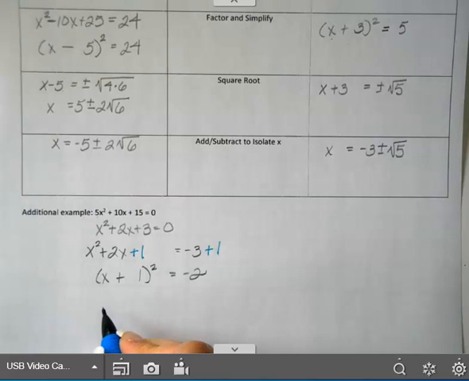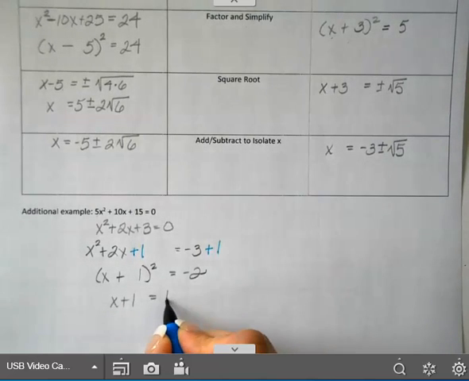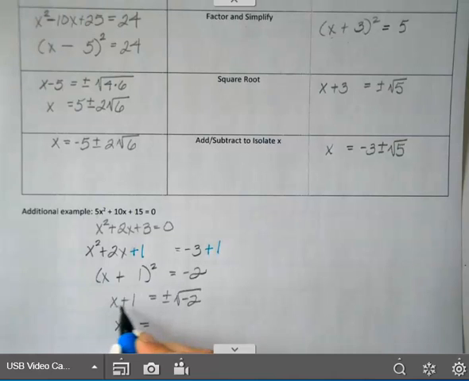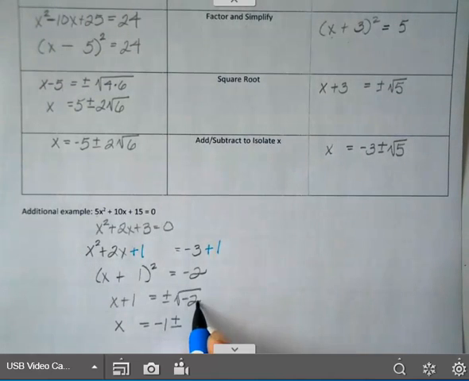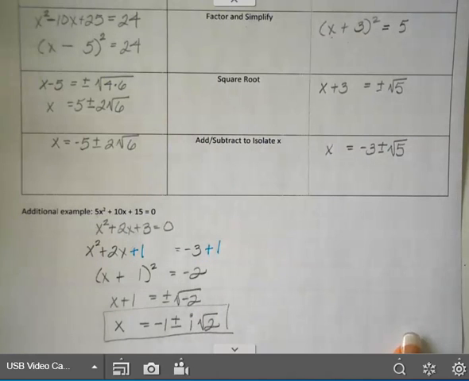Take the square root of both sides. And then I want to get x by itself, so I'm going to subtract 1 from both sides, plus or minus. Negative 2 is not a perfect square. However, I can pull out the negative, which will give me i square root of 2. So this one has 2 imaginary solutions.